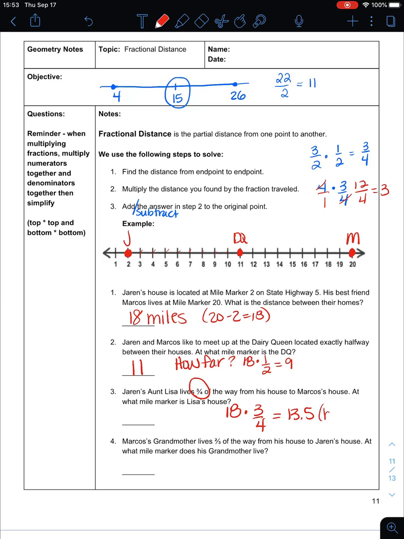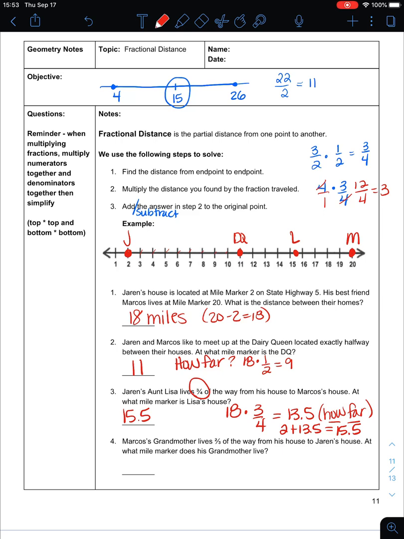Now, again, that is how far. That's not where, that's how far it is to her house. So then you would have to go back. It's 13.5 miles from Jaren's house, and so you would take 2 and add the 13.5, and you would find out that she lives halfway between mile marker 15 and 16. So Lisa lives right here at 15.5.